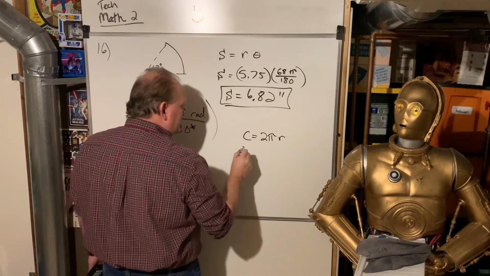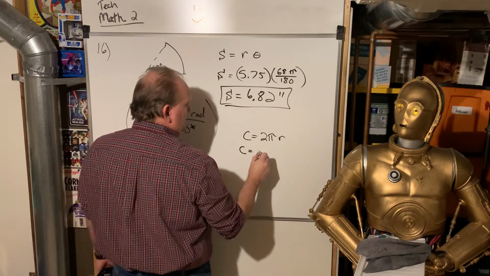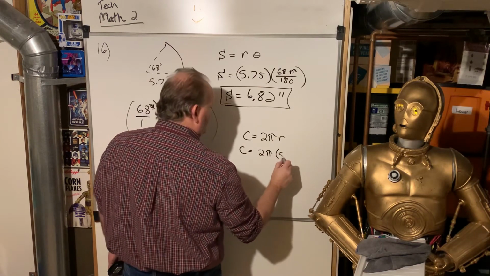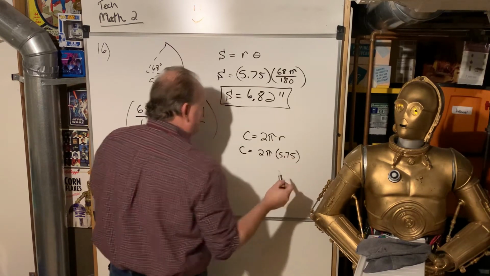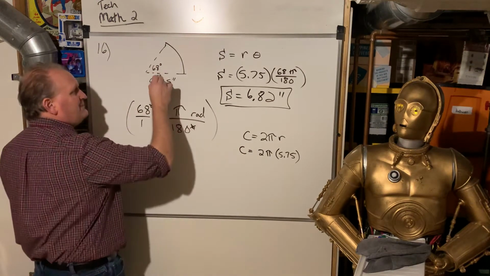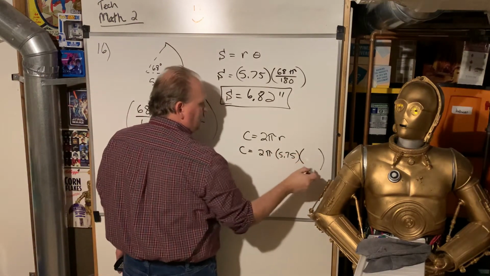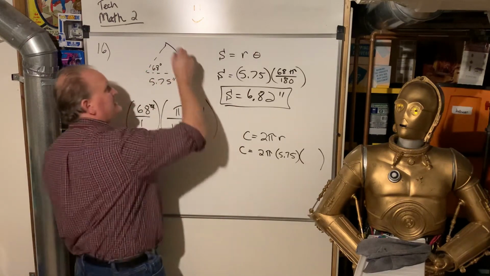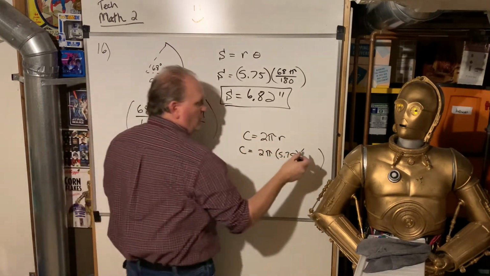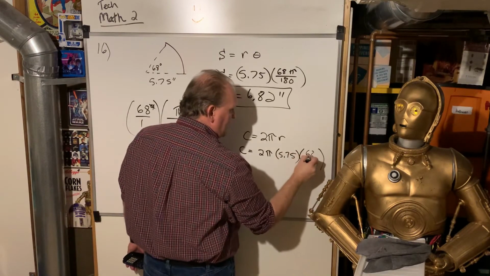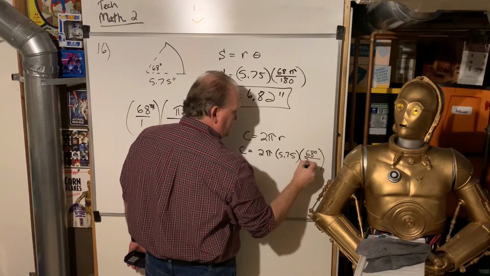If I found the entire circumference of this circle, it would be 2 times pi times 5.75. But if I only wanted this piece of it, I could think of it like a test. Let's say there was a test that had 360 degrees, 360 points, but I really bombed it and I only got 68. My percent would be 68 over 360.